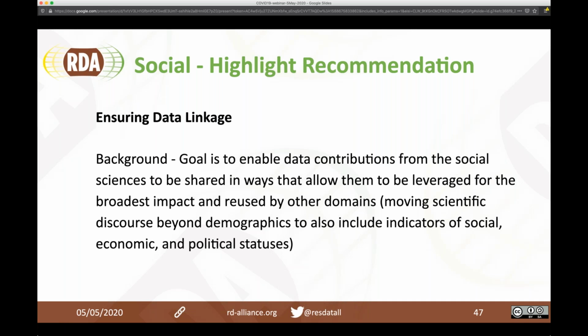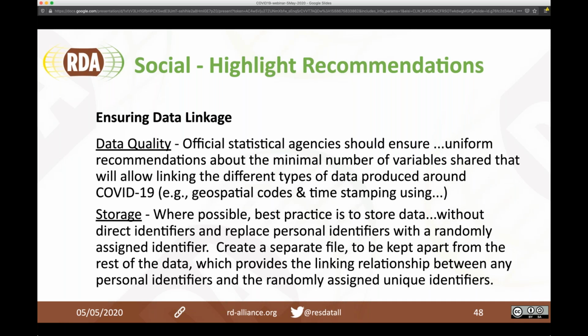So the next slide shows a couple of the recommendations that we have put forth that get us closer to being able to share data across domains.